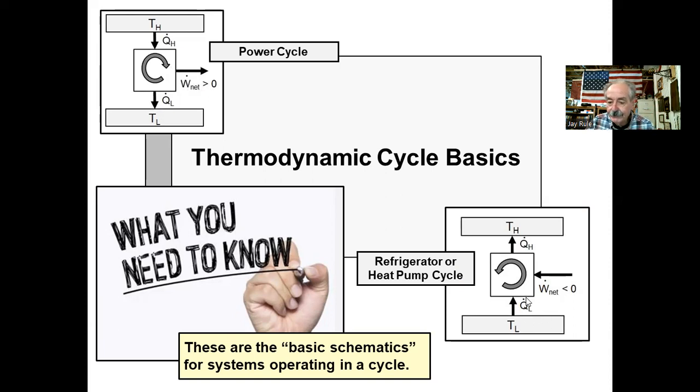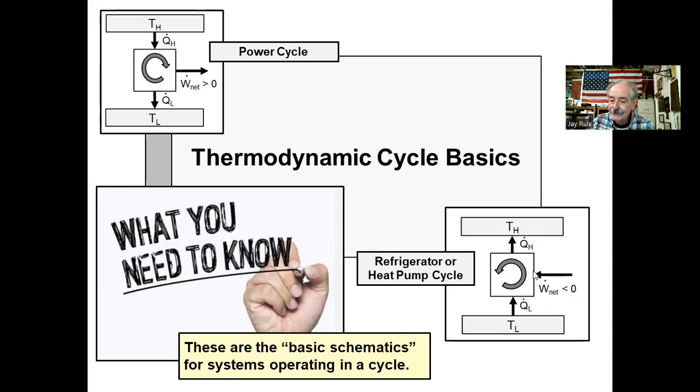Let's look at this one down here, depicting a refrigerator or a heat pump. Notice here the same temperature reservoirs, TH and TL, but the arrows are reversed. That's communicating that heat is flowing out of the low temperature reservoir into the black box, and heat is flowing out of the black box into the high temperature reservoir, and also we're using power.